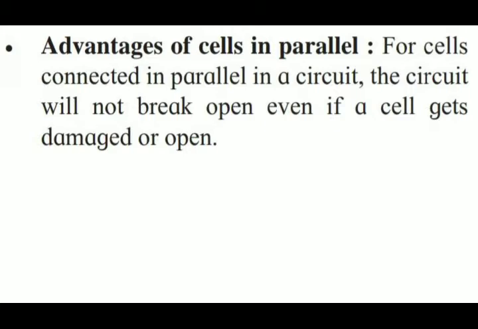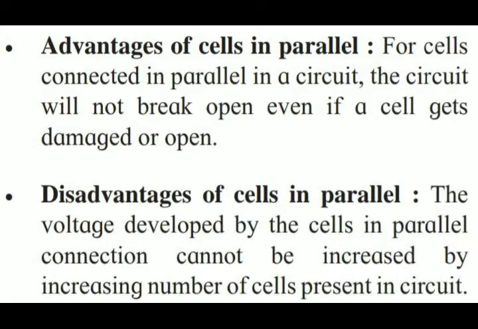But as it has some advantages, it also has some disadvantages. The voltage developed by the cells in parallel connection cannot be increased by increasing the number of cells present in a circuit. So these are the advantages and disadvantages of cells in parallel.